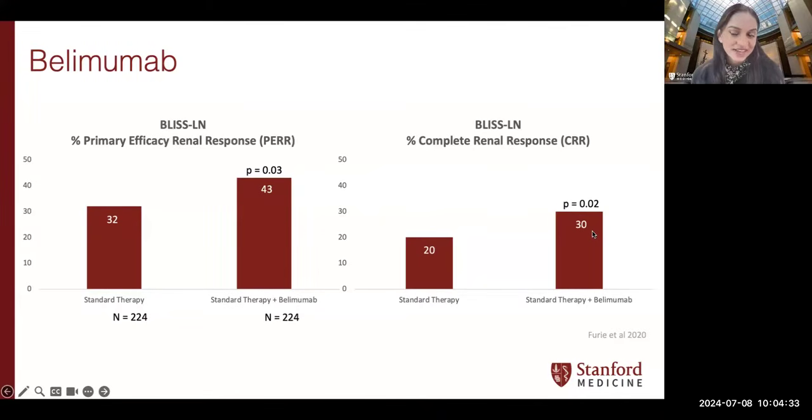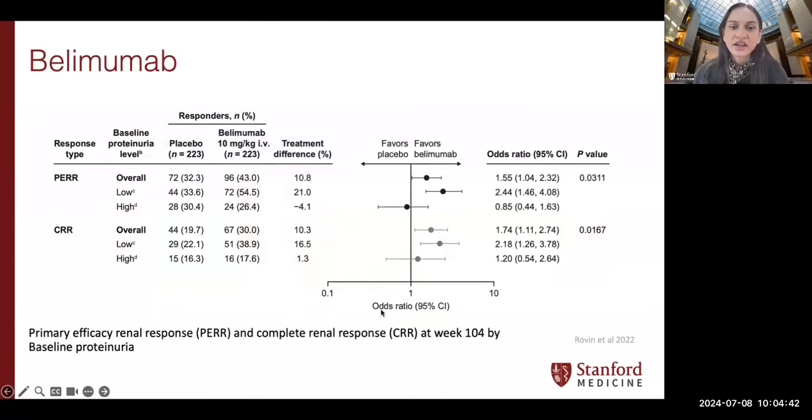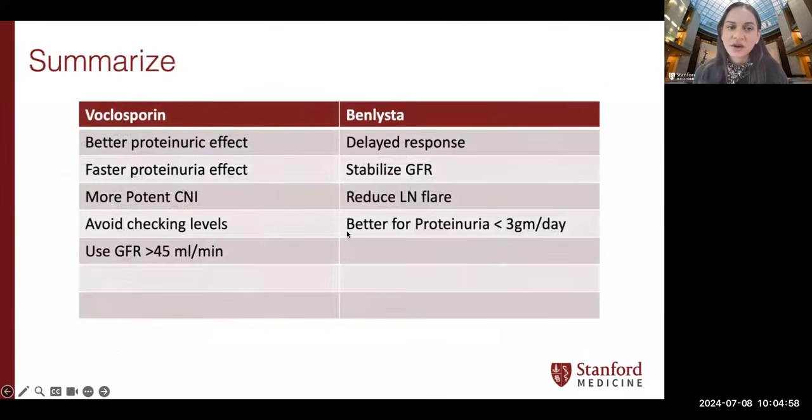It was 30% in this trial, but that's still honestly better than MMF and Cytoxan alone. So exciting to have another drug that we can use. In the proteinuria category, though, when the patients had really, really high levels of proteinuria, the belimumab wasn't really favored. So when you have a patient that has a lot of proteinuria, maybe belimumab's not the drug to go off of.